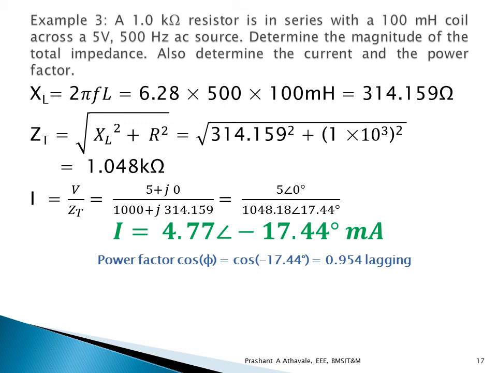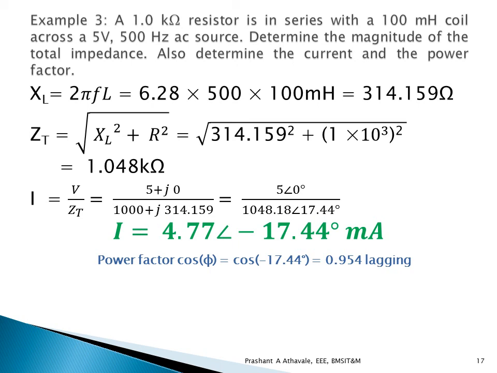Now to determine the current, I have used Ohm's law. I is equal to V by Z total, which is 5 plus J0. Now what is the meaning of this J0? It means that the 5 volt source, you can write it as 5 at an angle 0, or 5 plus J0.